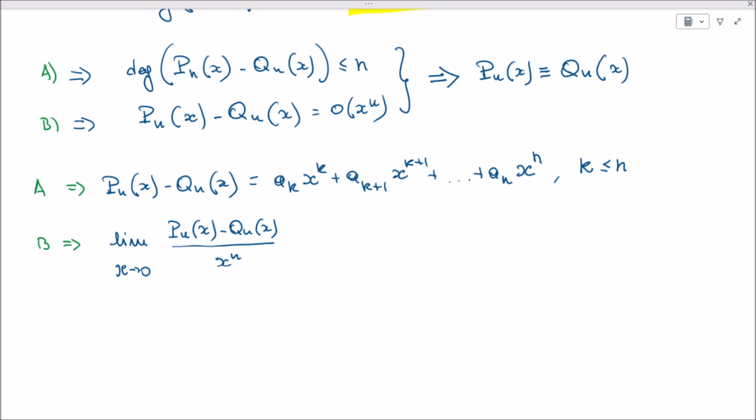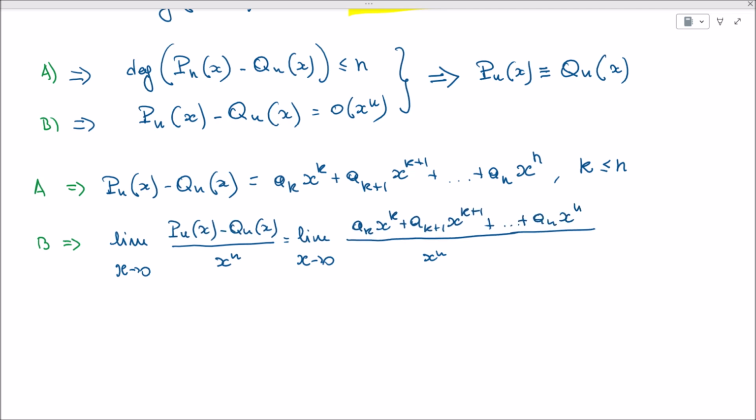So let's see what that implies. This is the limit as x goes to 0. We have x to the n here, and there will be a_k x to the k plus a_(k+1) x to the k plus 1 plus dot dot dot a_n x to the n.